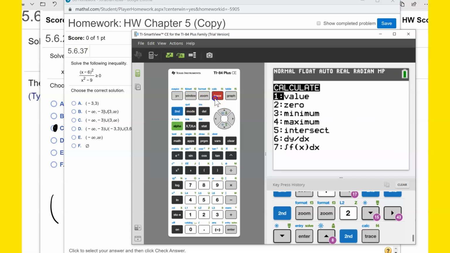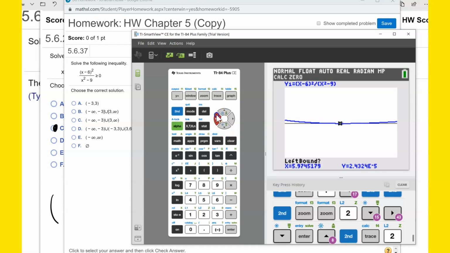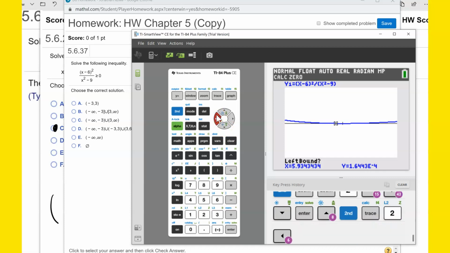I'm going to calculate that zero. I'm almost positive it's going to be 3. Let me try it and make sure. Or it might have been 6. I can't remember where I actually was. I'm too zoomed in to even tell where I am.